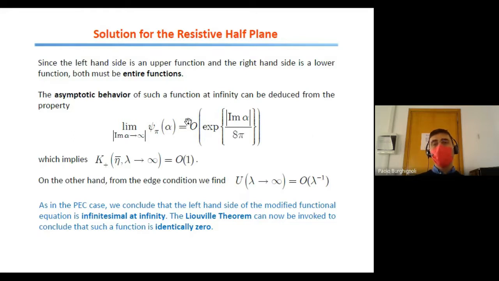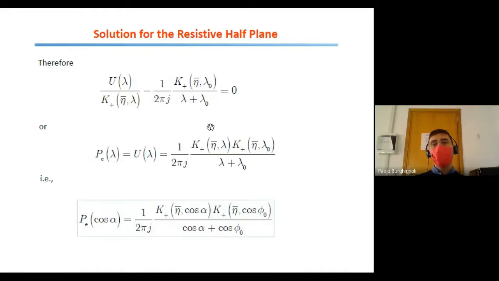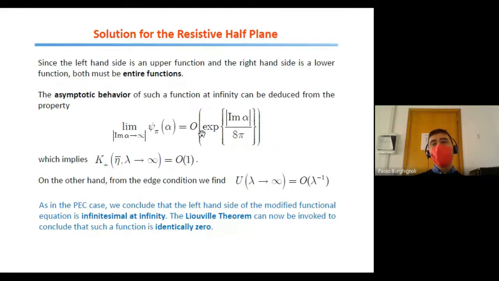In particular, the Maljuginets function has this behavior at infinity, which in turn implies that the upper split function is a constant when lambda tends to infinity, and likewise for the upper function u, which is proportional to the spectrum. And as you may recall, this is also proportional to the spectral current density that flows on our half plane.